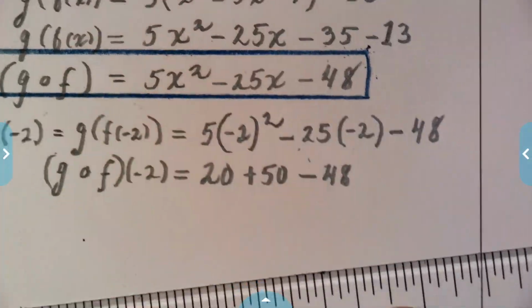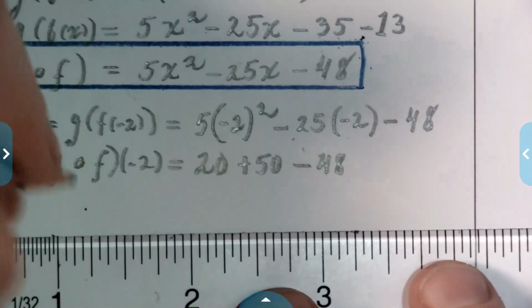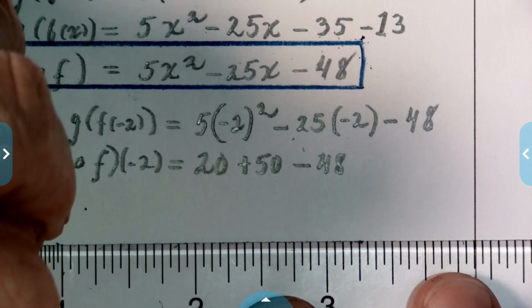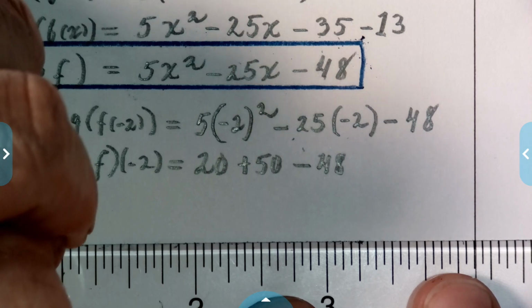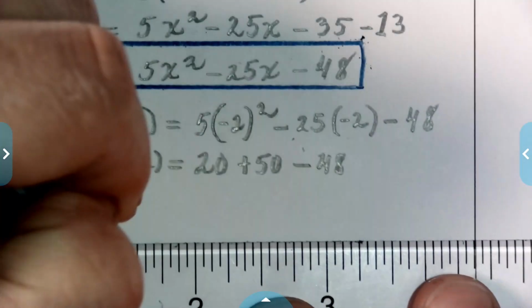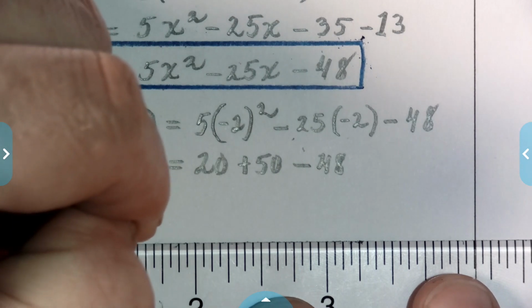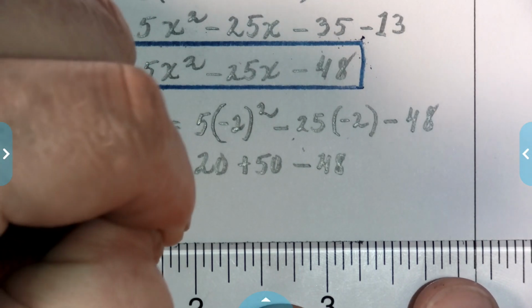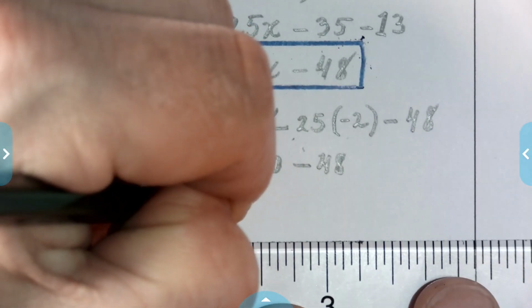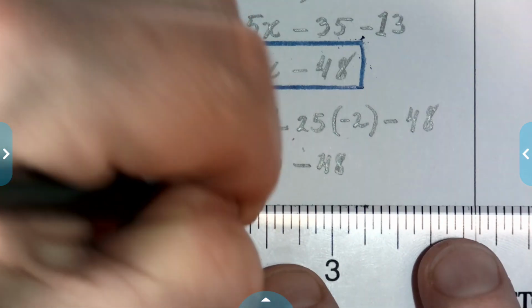Okay. So G composed with F at -2 is equal to 70 minus 48.